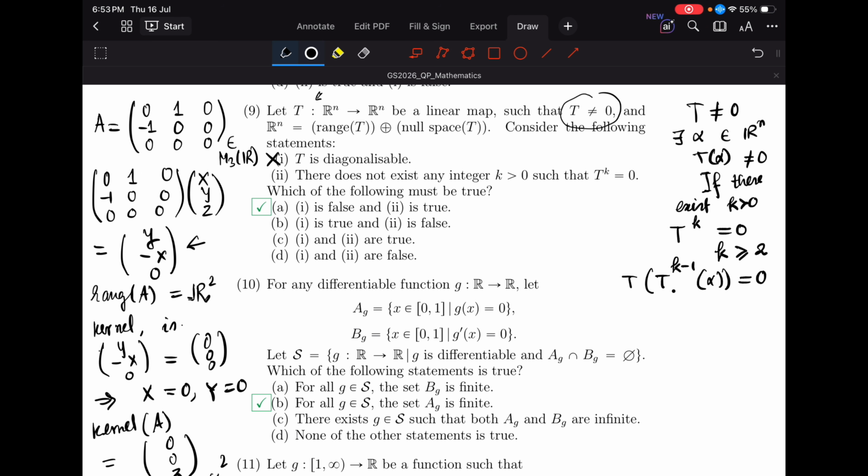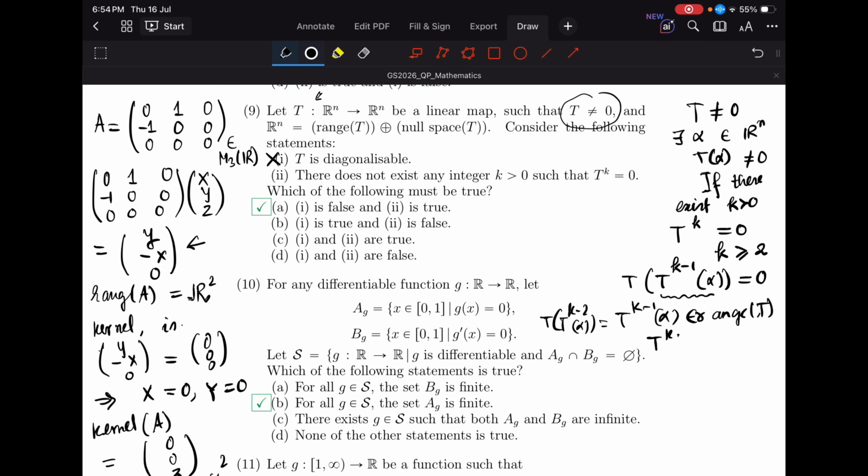Now look at this. As k is greater than or equal to 2, this T^(k-1) alpha is inside the range of T, right? Because this is T of something. It is actually T of T^(k-2) of alpha. So this is inside the range, and T of this thing is 0.